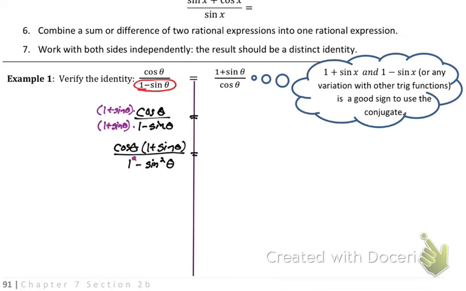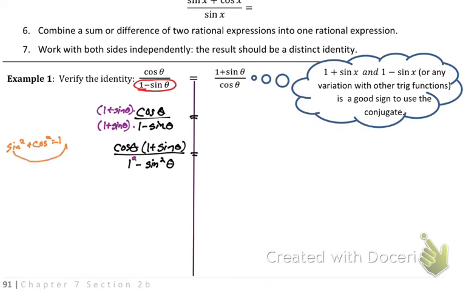What does 1 minus sine squared equal? It equals cosine squared. If you don't realize that now, you have to keep writing it over and over. That is the fact that sine squared plus cosine squared equals 1.